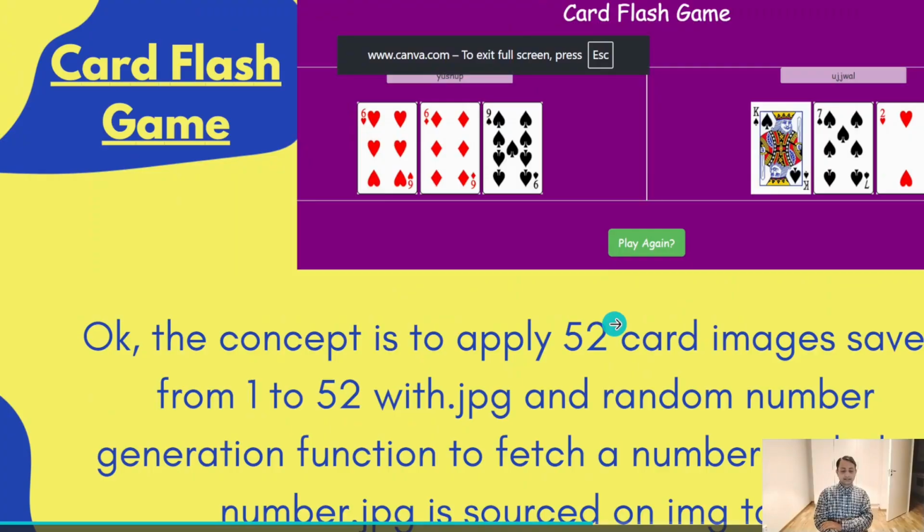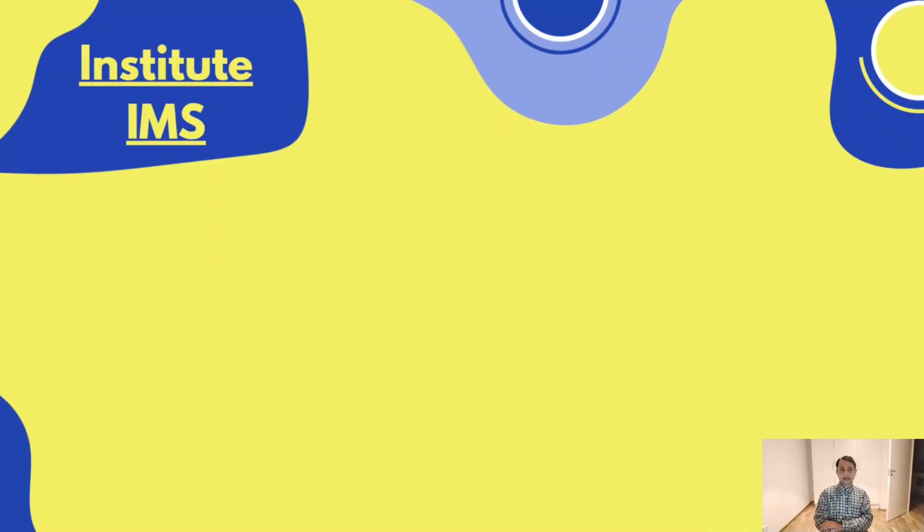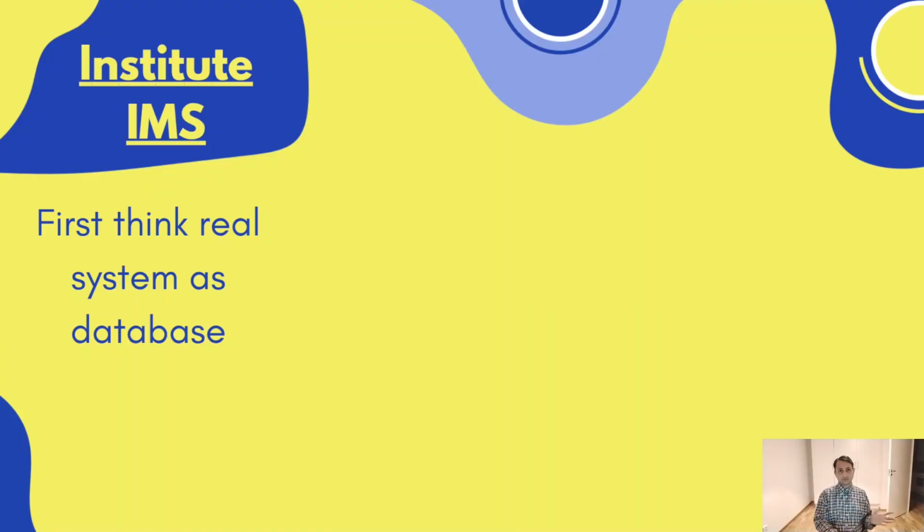Next is the institute management system. I had a consultancy, and I used my skills to store all of that data in the computer system. The main idea was turning all the components of a real-life system into tables, putting all that data inside the database and pulling it back.